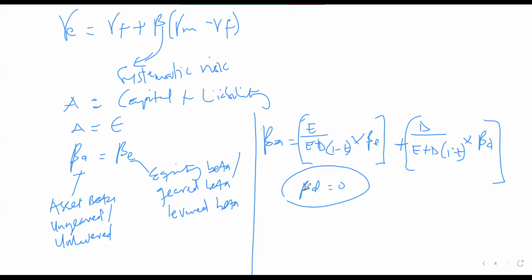So debt always gets paid, and therefore debt is presumed to be a default-free instrument. So beta debt becomes zero. If beta debt becomes zero, then your total here will all be zero.